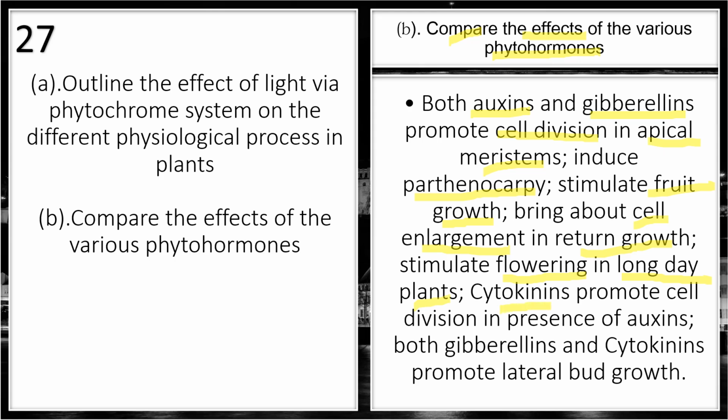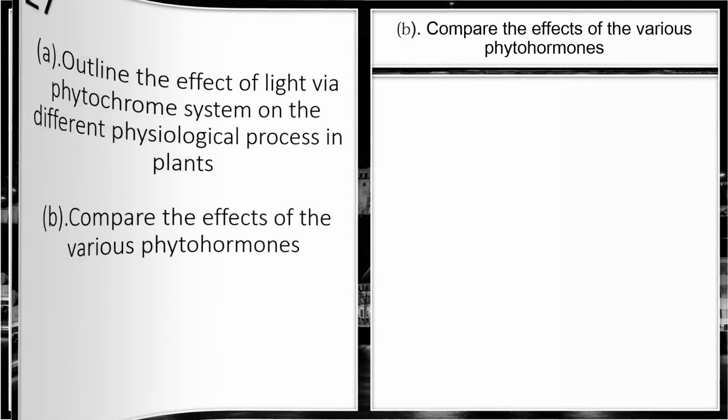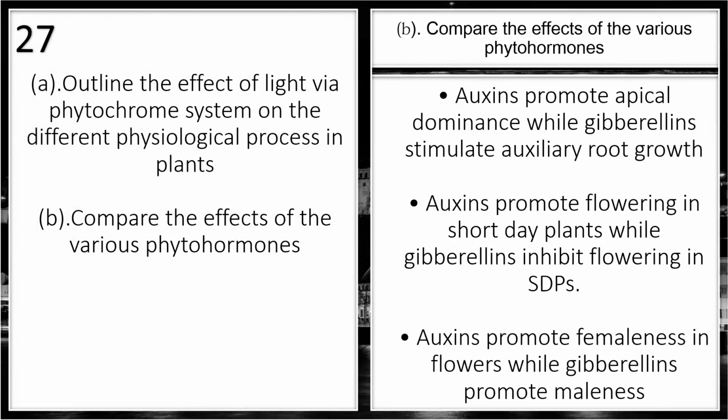Cytokinin promotes cell division in presence of auxins. Both gibberellins and cytokinins promote lateral bud growth. Auxins promote apical dominance, while gibberellins stimulate auxiliary root growth.